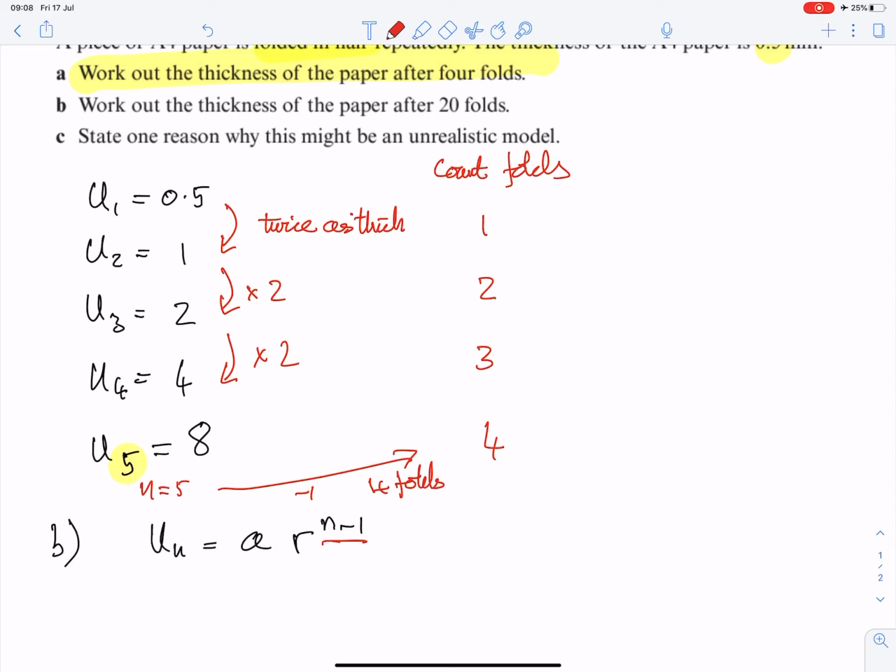Sometimes you have to play around with this to make the data fit the context that you're given. So sometimes you end up using Un equals a r to the n. It just depends on how you set it up at the start.